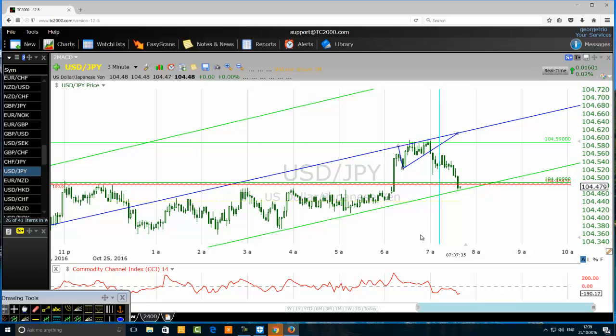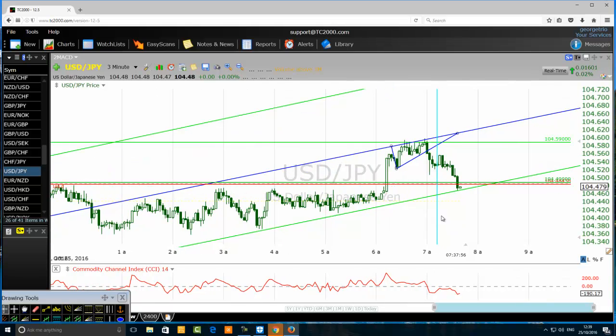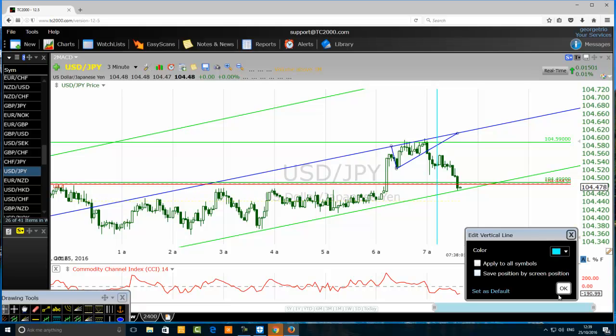I don't want to move my stop loss. Now we are kicked out of this trade, having a 10 pip loss. I'm resetting my limit order to buy for the second time the US dollar, Japanese yen, again at 104.49. This second limit order is not yet filled. It will be filled if the price continues to go up to 104.89.